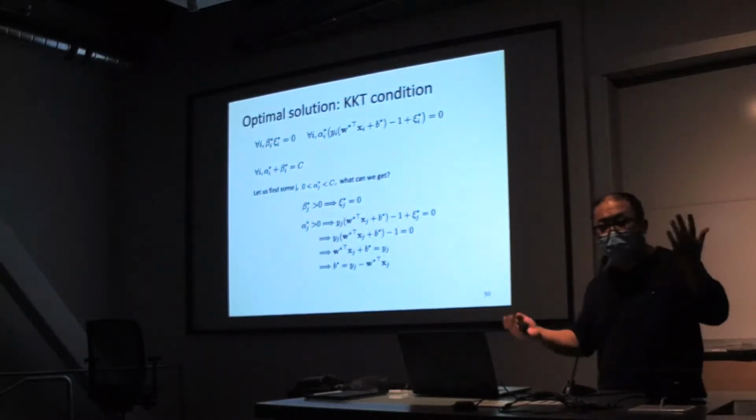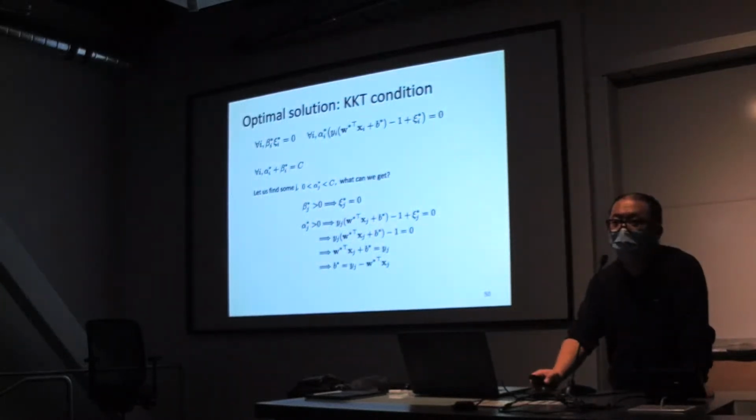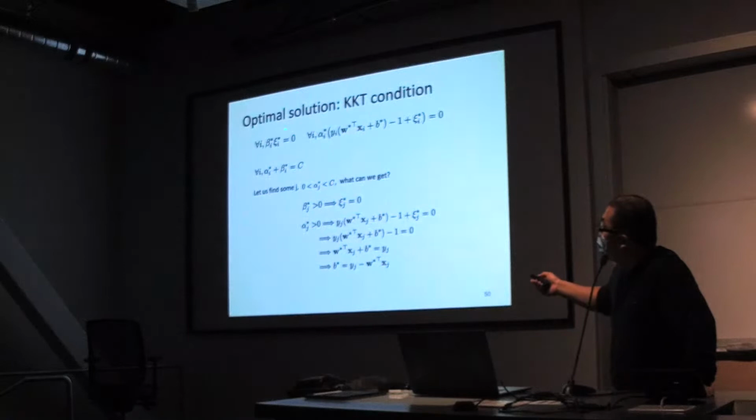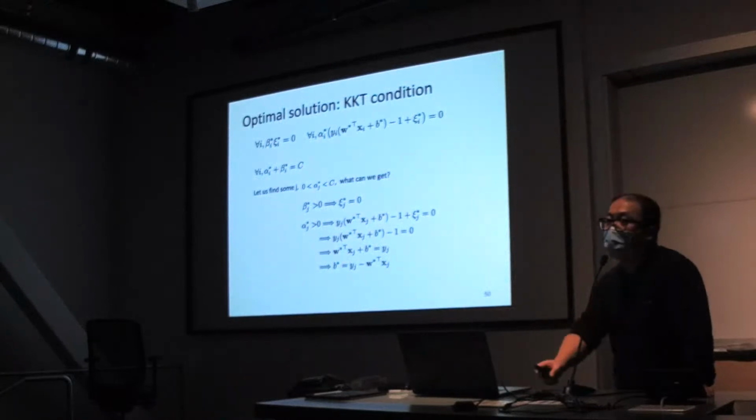Yeah, this is a kind of mathematical reasoning. It's easy, but it sounds a little tedious. You just need to know that we combine those conclusions together, from which we can calculate b star.